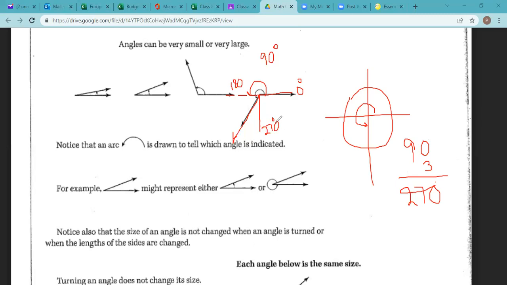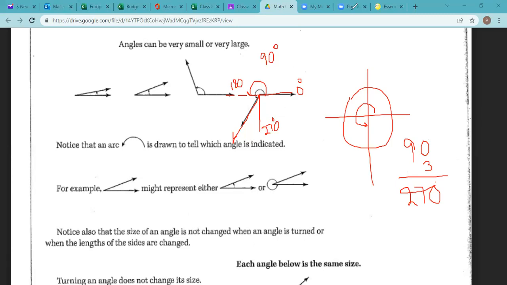I'm going to say about 250. If you said around 250, 245, 240, you'd be doing good. Somewhere around that point.